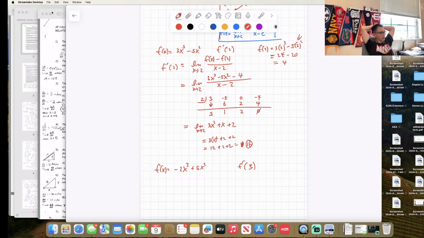Yes. So will the derivative problems always be like cubed and then squared for the equation? No, I can give you anything. In this case, you have to use synthetic. But in the other case, like if it was x squared, then it's probably more likely factorable, and then it's just really easy.